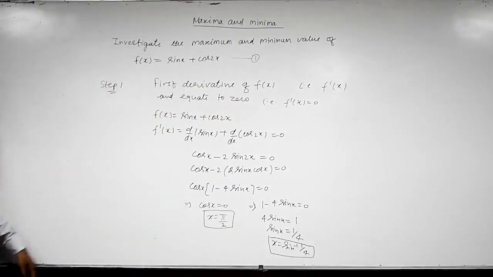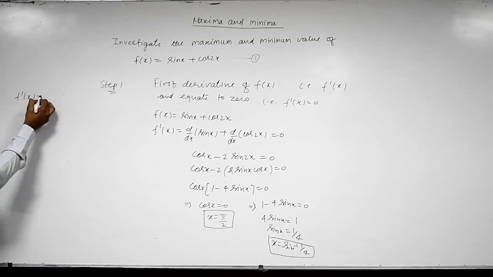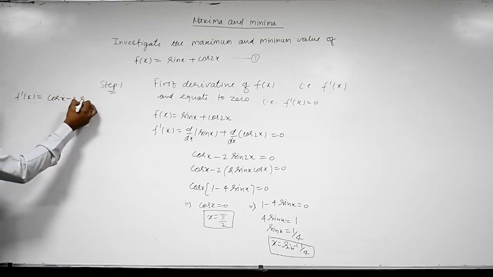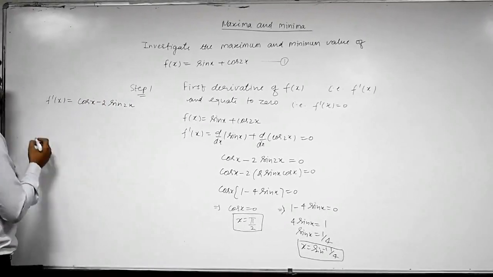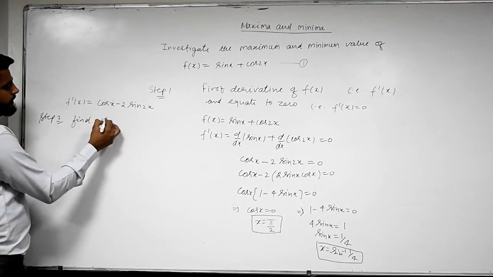Now I will find the second derivative of the given function. Step second. We have f'(x) = cos x minus 2 sin 2x. Find f''(x).